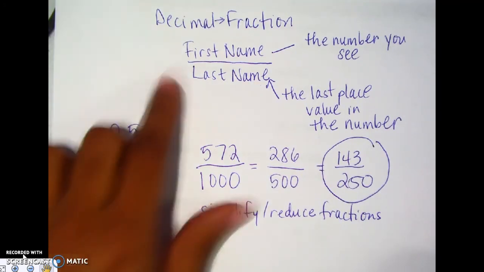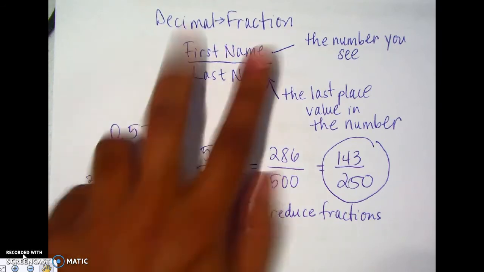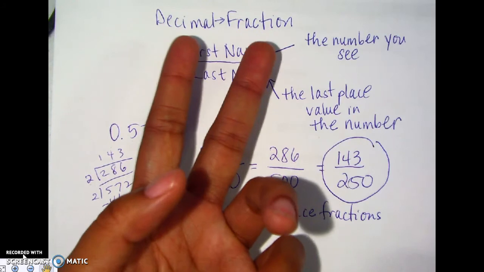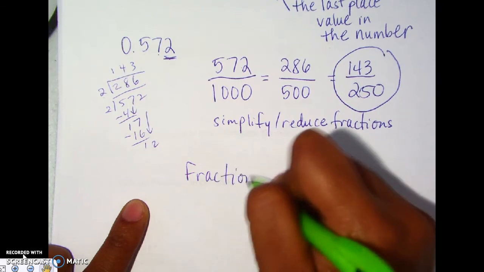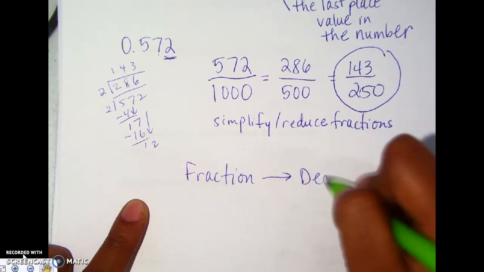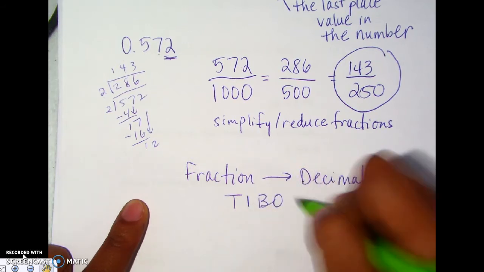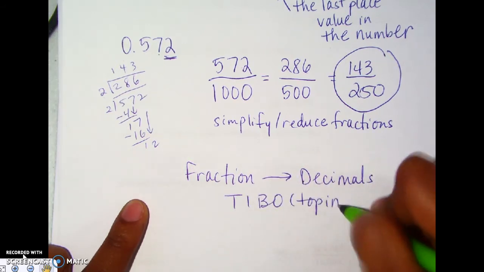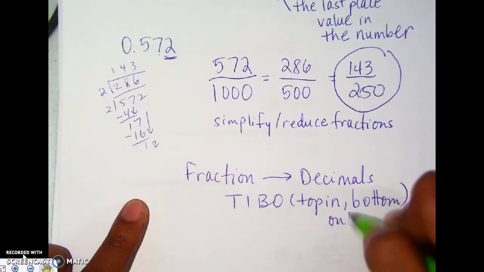So again, if you want to go from a decimal to a fraction, use this method. Remember that if you want to do the opposite, fraction to decimal, which is a really big deal on this test, you do TBO, which stands for the top number goes inside, the bottom goes out.